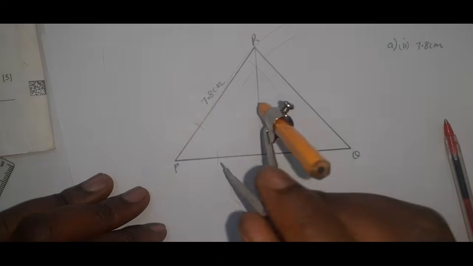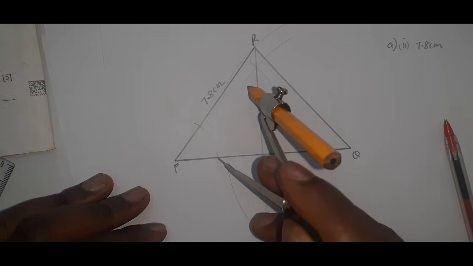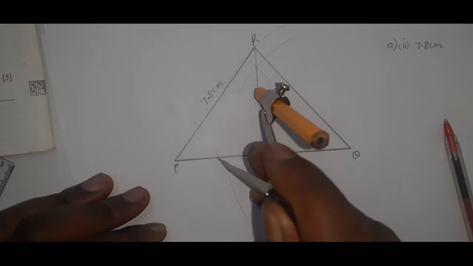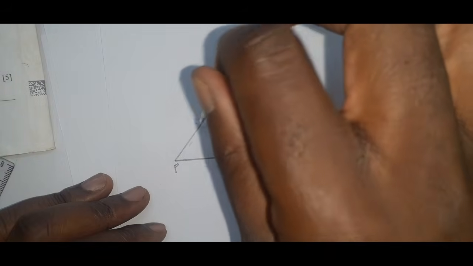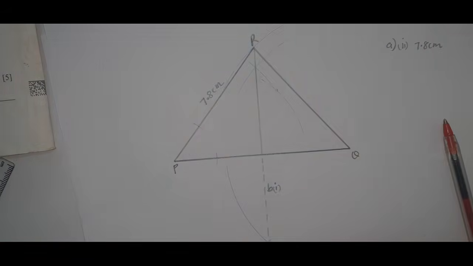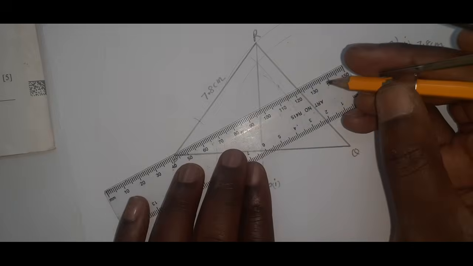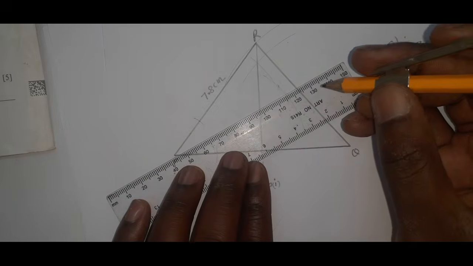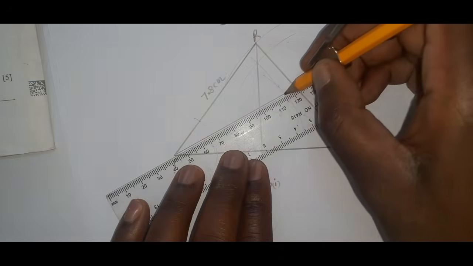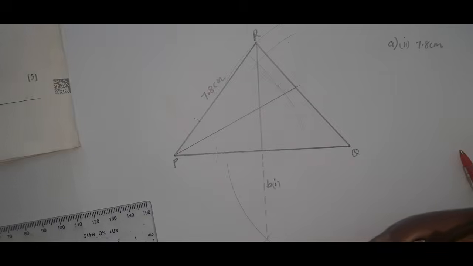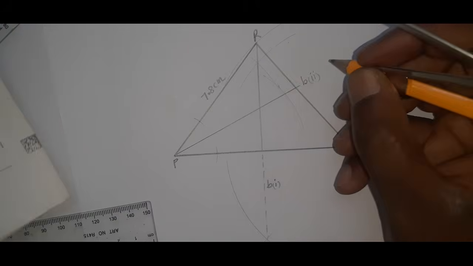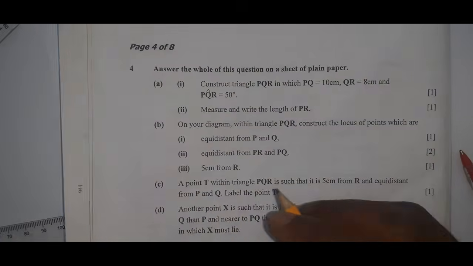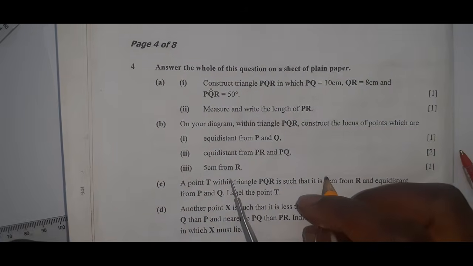Then you come here, you do this one, change it to this. Okay, so at this point where they are meeting, we need to draw now this one within up to this point. So this can be B2.